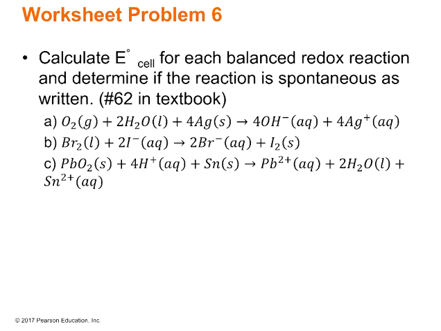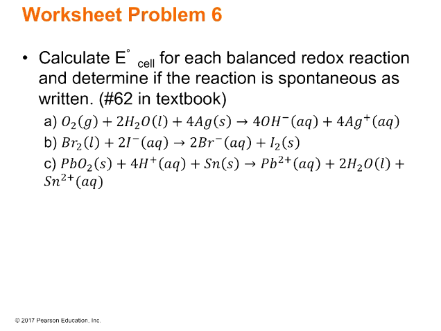Okay. So I'm skipping problem 5 for now because it's going to be more relevant in our next lecture. But I do encourage you to go over worksheet problem 6 on your own. So in this problem, you're going to calculate E cell for each balanced redox reaction. So they're already balanced, so don't worry about that.